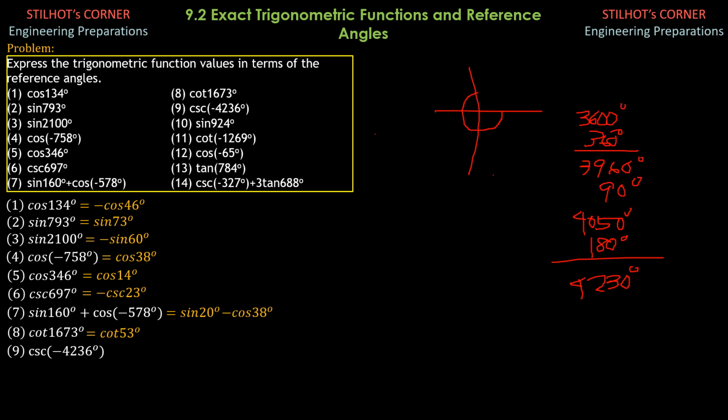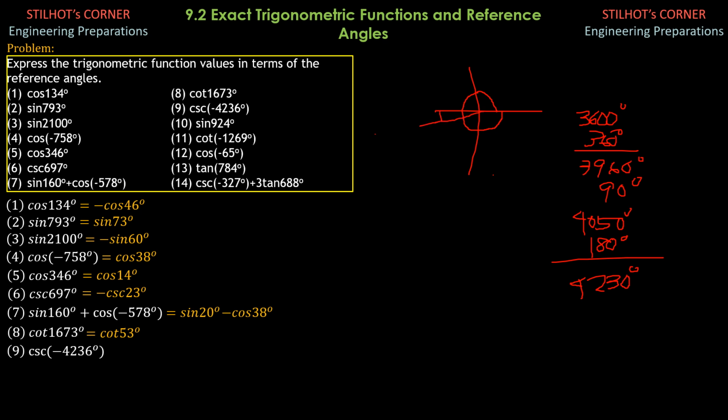So let's check. That's one whole complete revolution, 3600, then plus 360, assuming it falls again here, then plus 90, plus 180, 4240, then another 6.